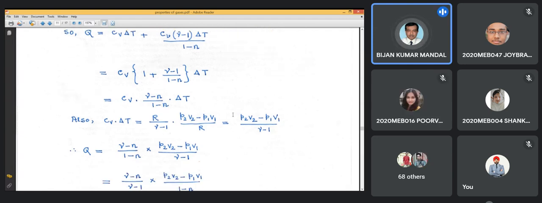Now we go back to this Cv into delta T that you have seen here, which is equal to R by gamma minus 1 into P2 V2 minus P1 V1 by R, and so R gets cancelled, and you get this expression. Therefore, Q is equal to gamma minus N divided by 1 minus N into P2 V2 minus P1 V1 by gamma minus 1.